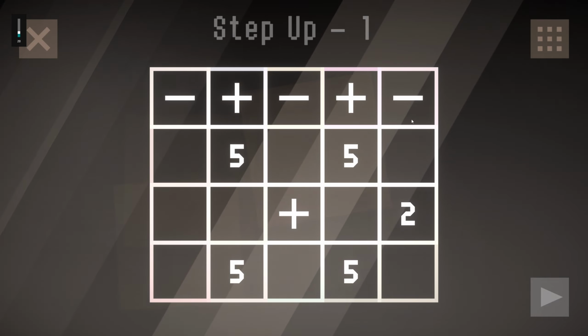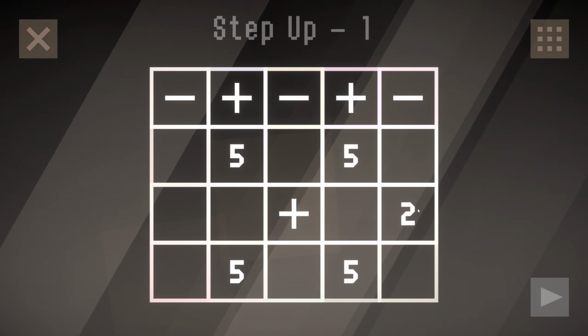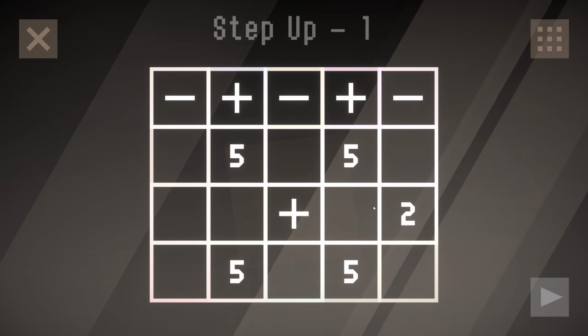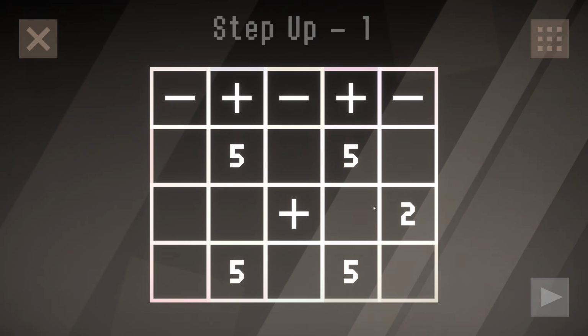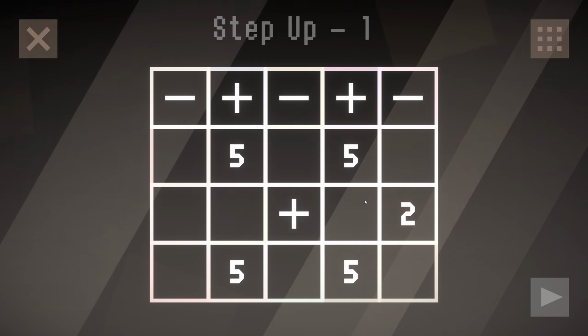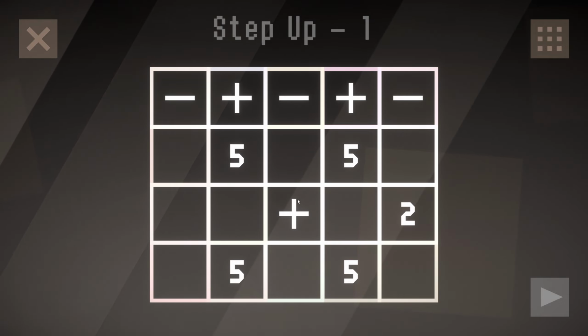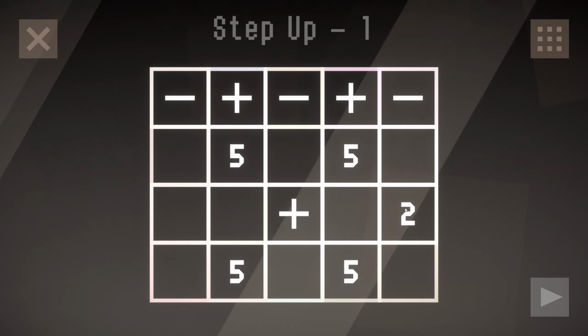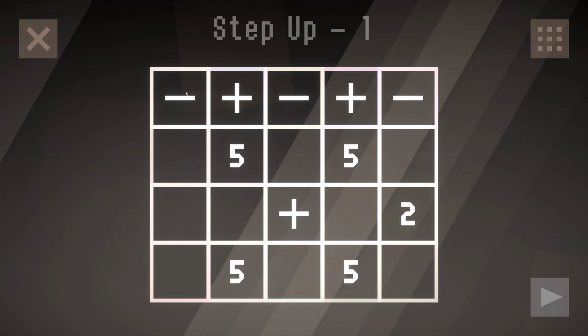So, figuring out which one the 2 bonds with is obviously going to be very helpful. And then after that, what do I use after that? Well, okay.